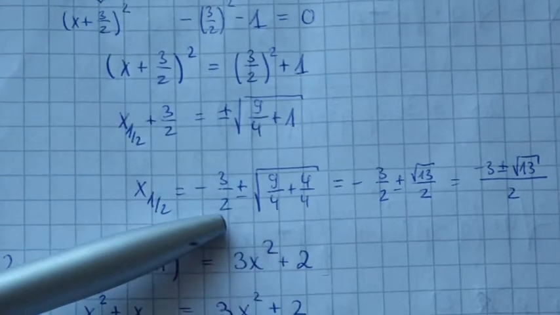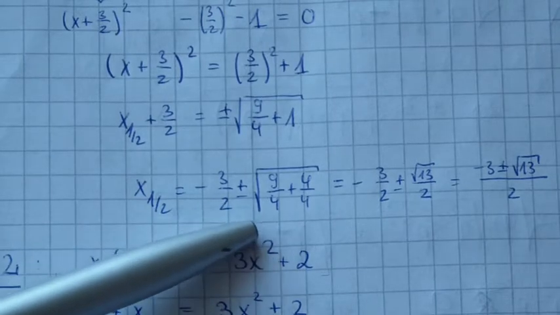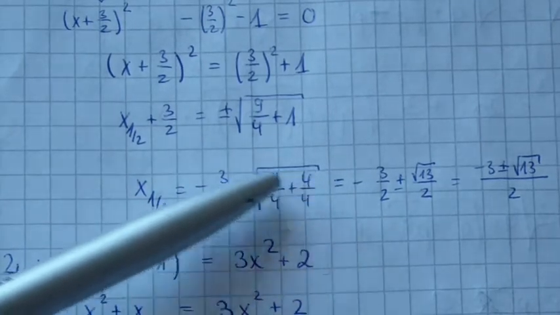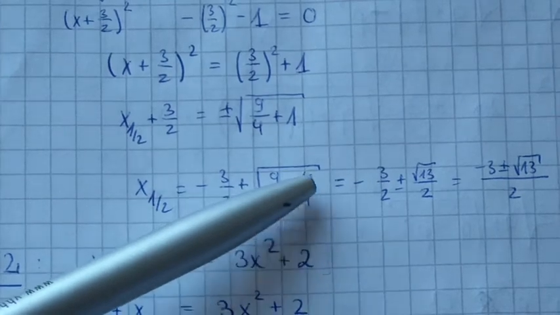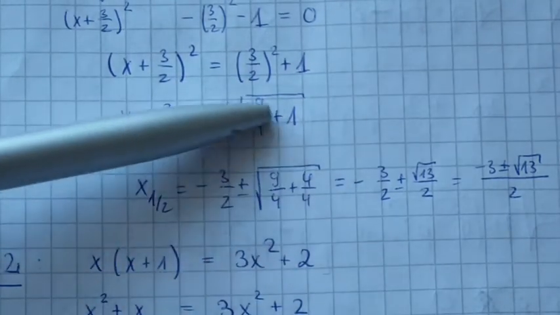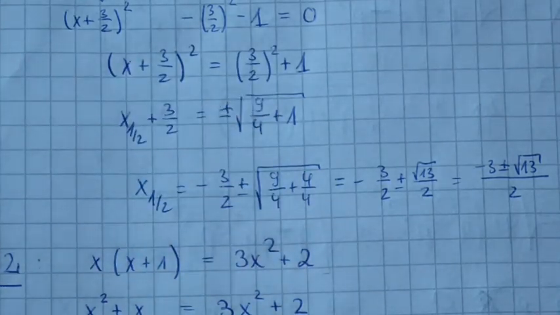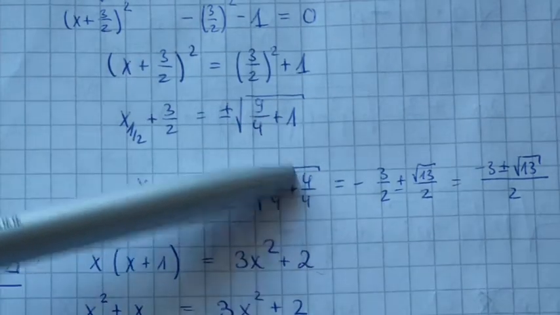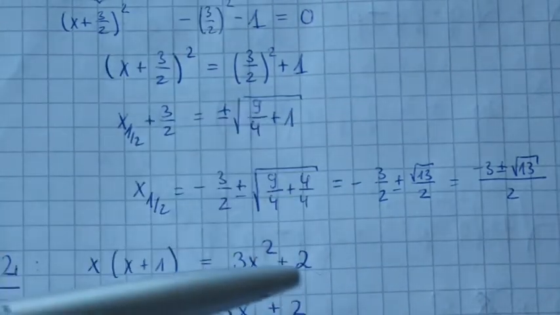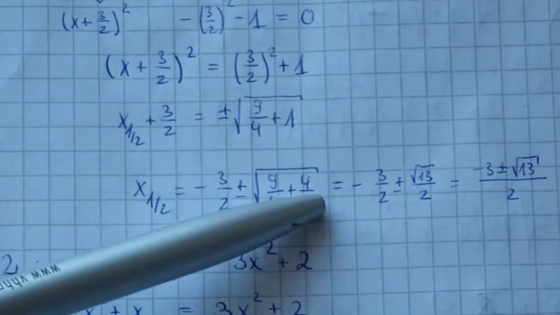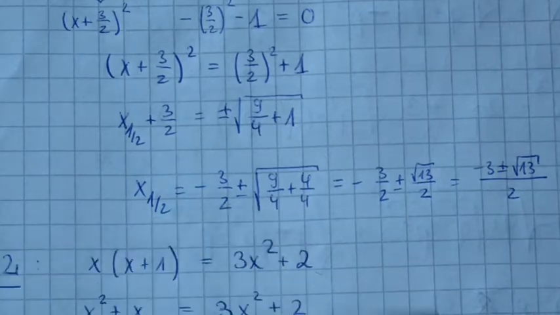I put it to the right hand side. I get minus 3 halves plus minus the square root of 9 over 4 plus 4 over 4. So I just rewrote 1 as 4 over 4. It doesn't change anything. If you divide 4 by 4, you get just 1. So this was just to have the same denominators, okay?